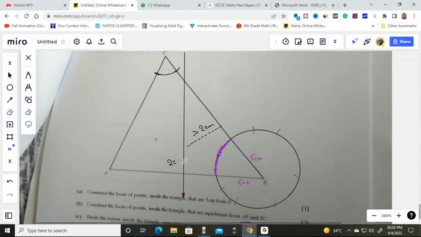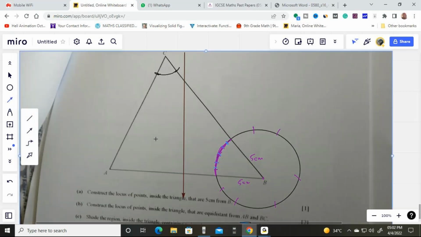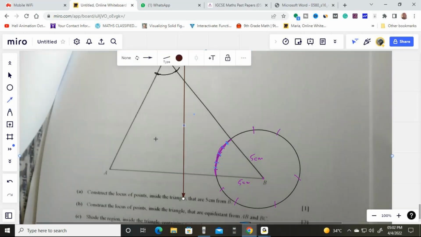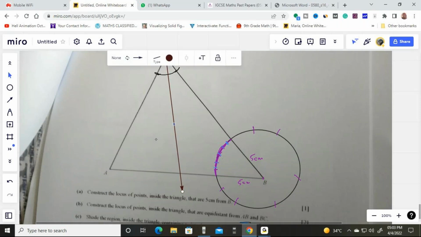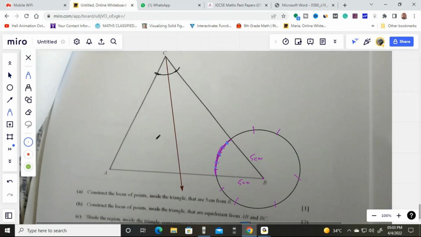Draw the angle bisector. Whenever they talk about a locus of points which are equidistant from two lines, you always draw the angle bisector formed by those two lines. So I draw my angle bisector and extend it. This is my angle bisector.